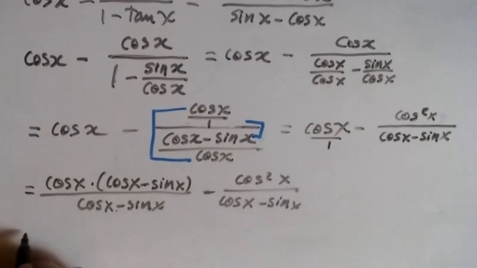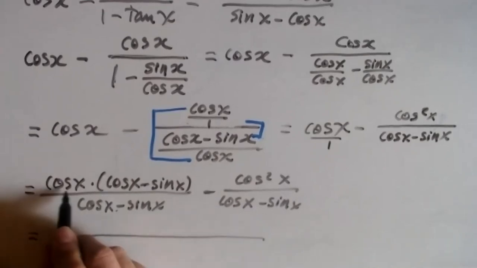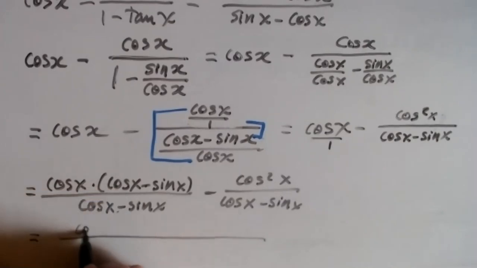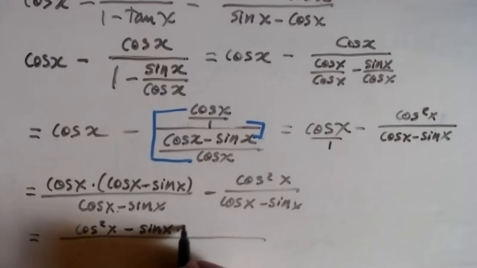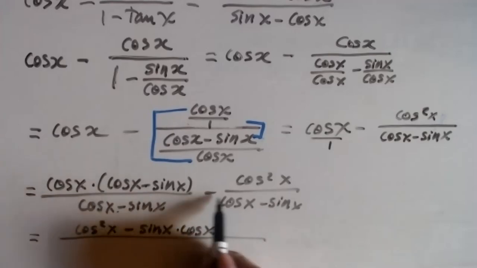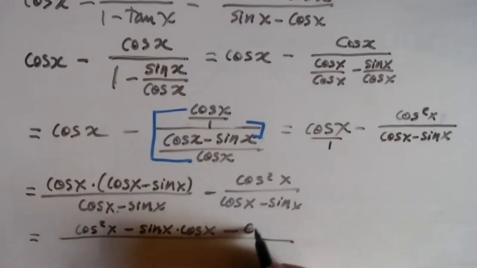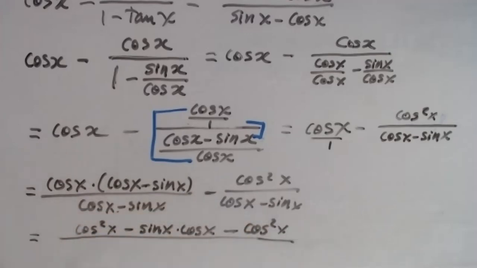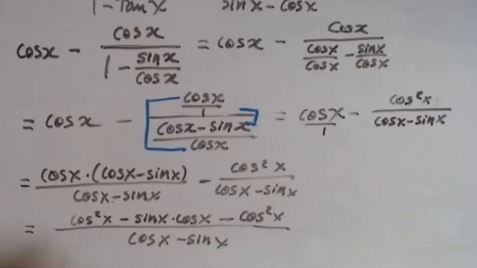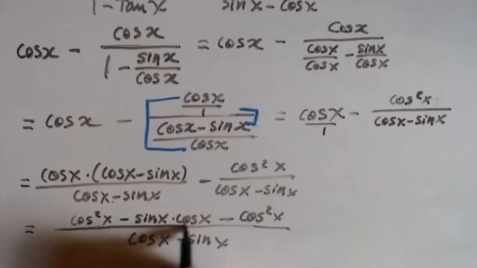Now I put it together. Big line. Cosine times cosine, cosine squared x. Cosine times sine, negative sine x, cosine x. And now this together minus cosine squared x. And at the bottom, cosine x minus sine x. Yeah, this is a big line.